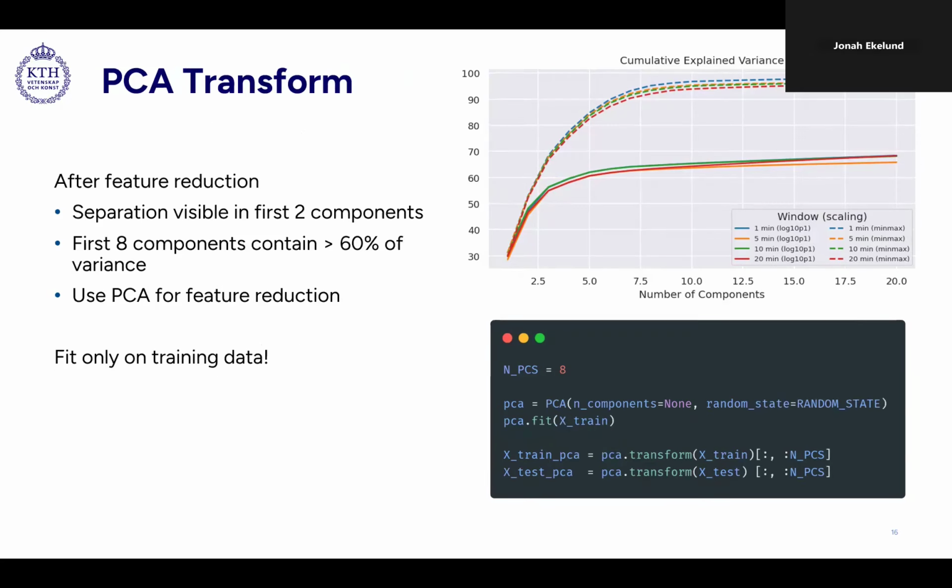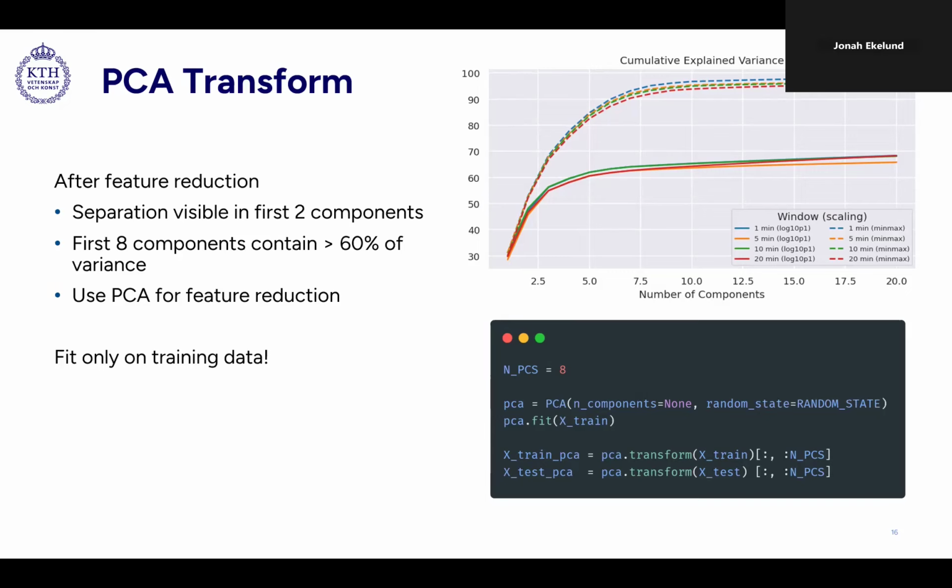Then we have split our spectrum data set into training and test. We then transform it using the log10 scaling, because we had quite visible separation in our clusters in our first two components already. Then we fit the PCA to our training set, and this should say n_components here. It says none, but when we say that we want 8 principal components, we should at least.